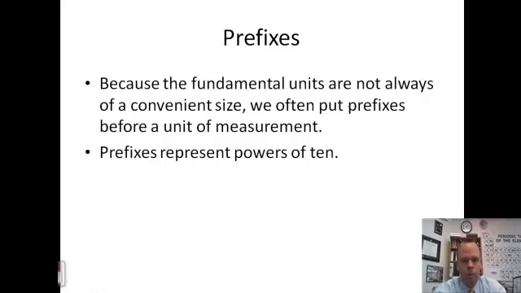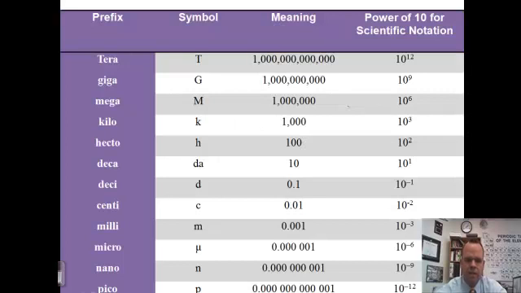Prefixes are incredibly important when we talk about units because the fundamental units are not always the most convenient size that we want to use for something in class or something in the laboratory. So prefixes are very important because they allow us to adjust the units by powers of 10. You're used to the prefixes, you used these in middle school and previous science classes. But we want to go through the major prefixes starting at our base unit.